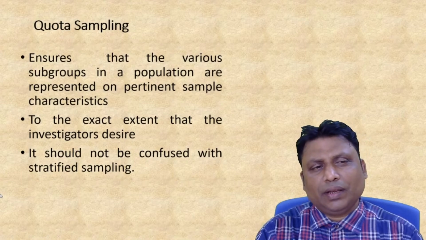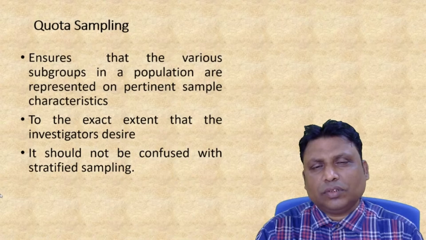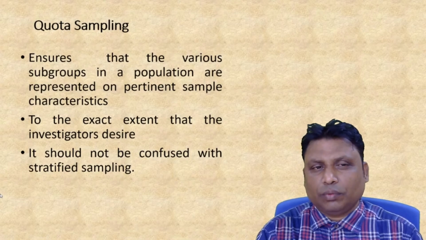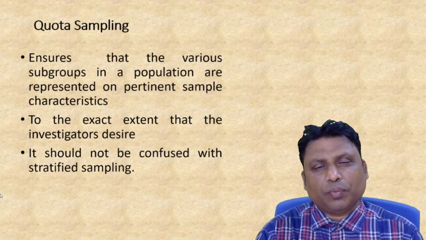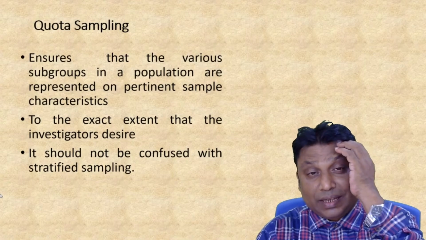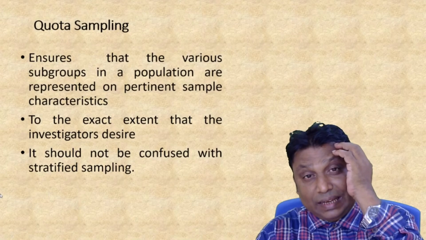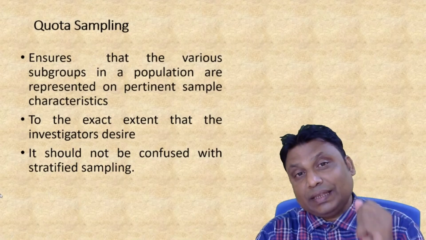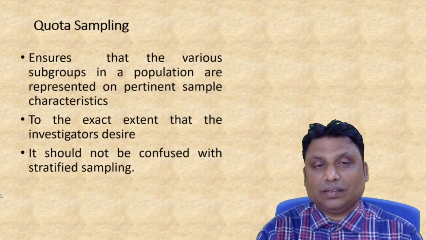So at that time you have to use various subgroups of the population, two, three, four, five like this, and whatever you discuss with them, you implement judgmental sampling there and collect the information.